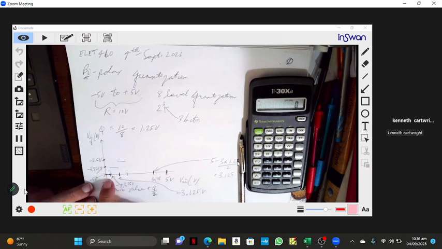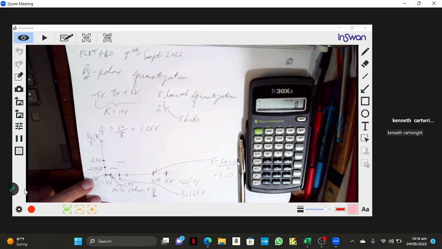Put in the missing X values, put in the missing Y values, and send me your answer by email. Please.